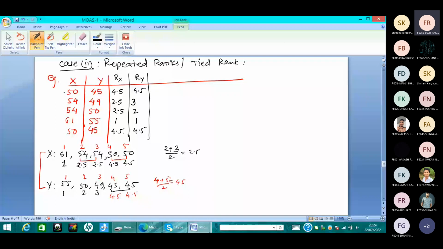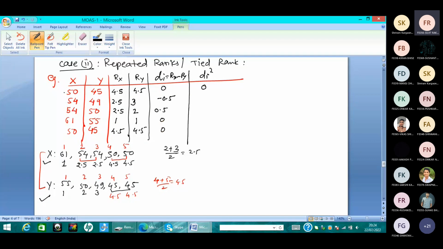Okay, then again, now steps are same. You have to find out the difference, rx minus ry, or ry minus rx, whatever, because ultimately we need the squares, so it doesn't matter. Square of a positive number is positive, square of a negative number is also positive, so it doesn't matter really which way you take. So it is 0, it is minus 0.5, this is 0.5, this is 0, and this is 0.